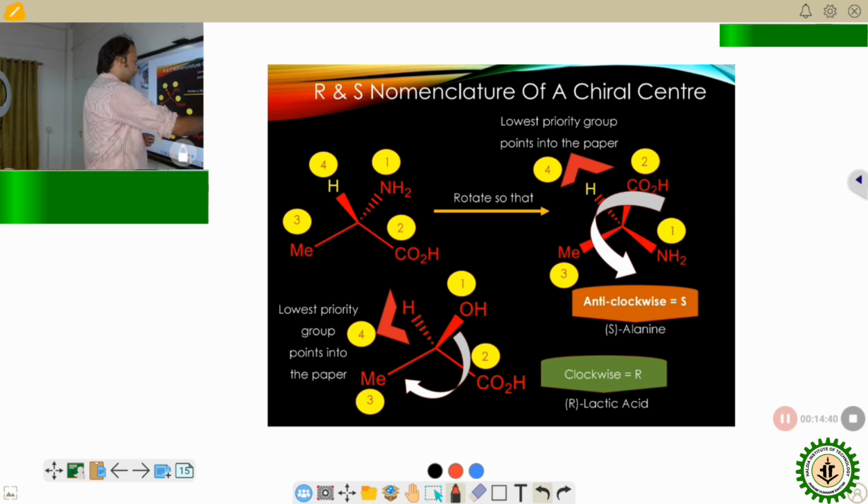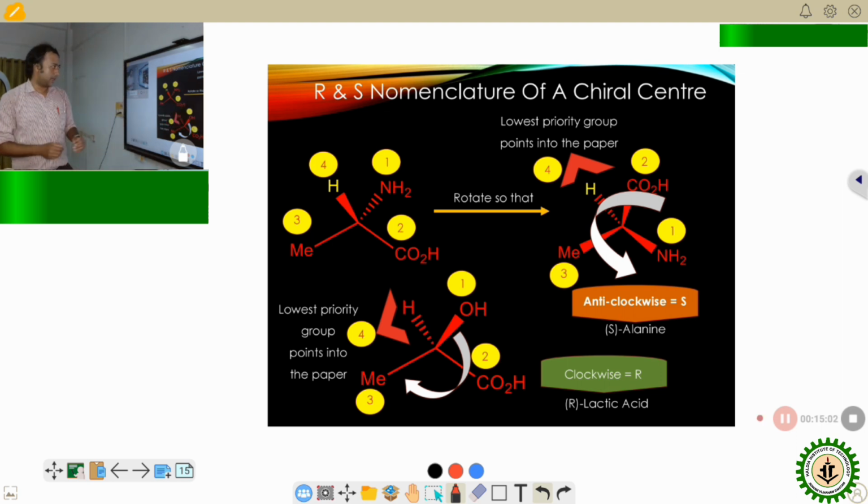So anti-clockwise motion is designated as S. So this structure where we have the lowest priority group behind the plane, and the 1, 2, 3 groups are moving, if the rotation is anti-clockwise, that is mentioned as S. So this is a structure of S-alanine. Okay, so this is how we designate the S. It should be anti-clockwise. The 1, 2, 3 groups should be rotating anti-clockwise.